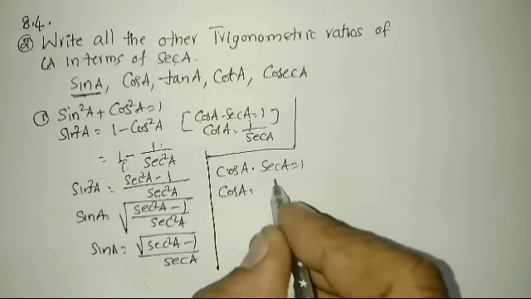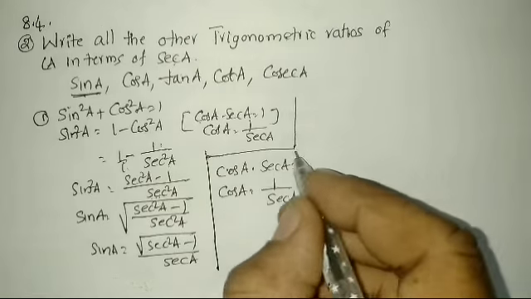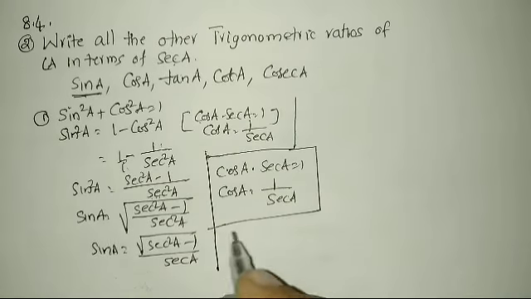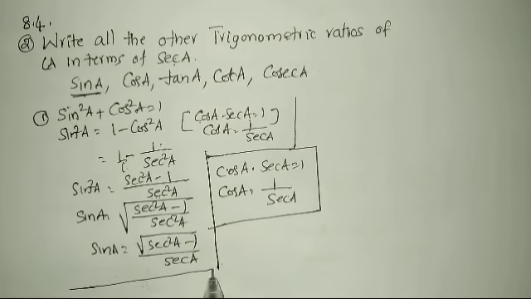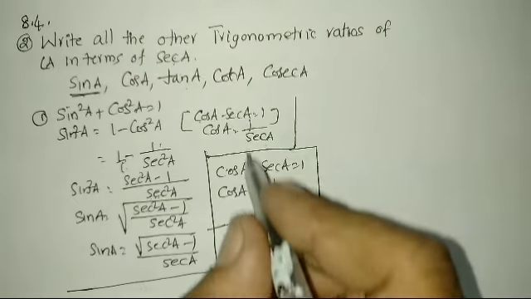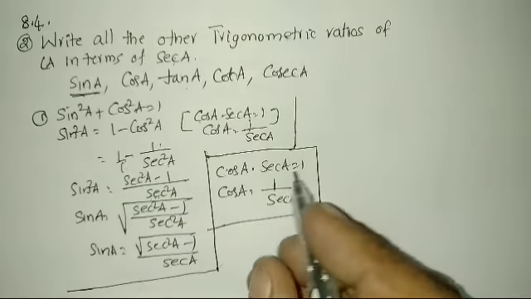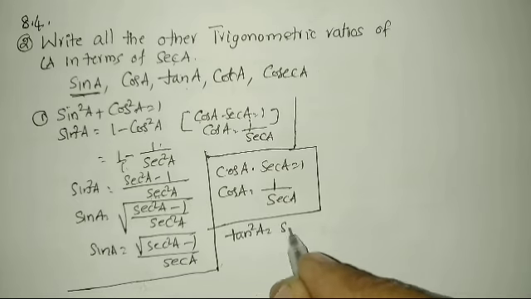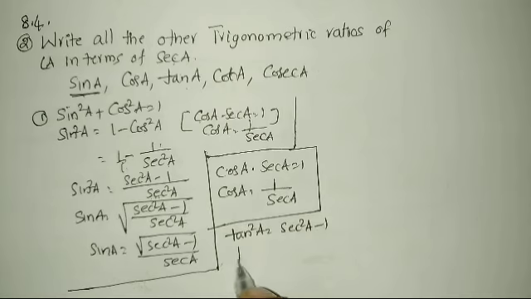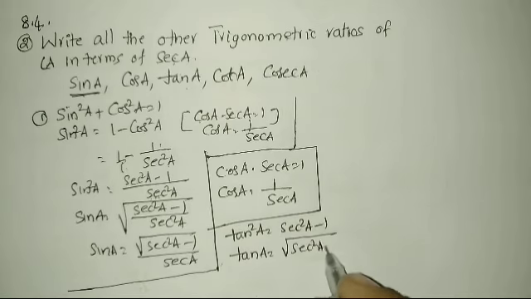Cos A equal to what? 1 by secant A. So cos A is expressed in terms of secant A as 1 by secant A. Now tan A. We have a direct identity with respect to tan A and secant A, that is tan square A equal to secant square A minus 1, tan A equal to root of secant square A minus 1. So tan A is expressed in terms of secant A as what? Tan A equal to root of secant square A minus 1.